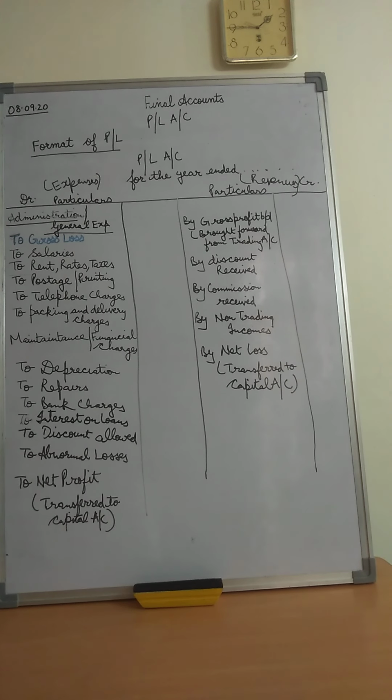The profit and loss account, children, provides information about the net profit earned or net loss suffered by a business during the given accounting period. Every businessman wants to know what he has earned during the whole accounting year. So that is why the P&L account is needed.